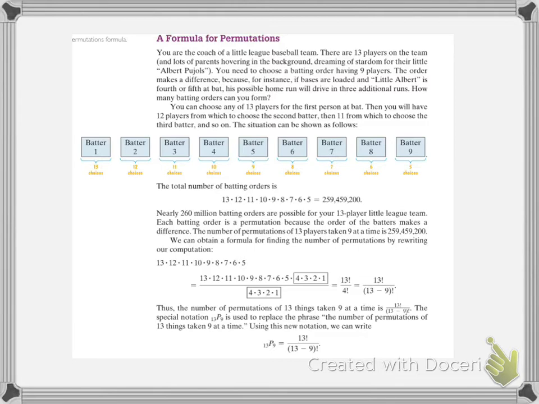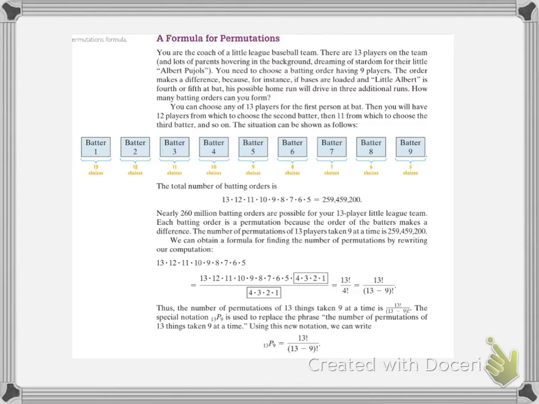How would I figure out how many possible lineups there are with 5 people choosing from 8 people? That's a permutation. A permutation is when you're choosing a certain amount of options from a larger amount of options, and you're putting them in a particular order. So order matters, okay?